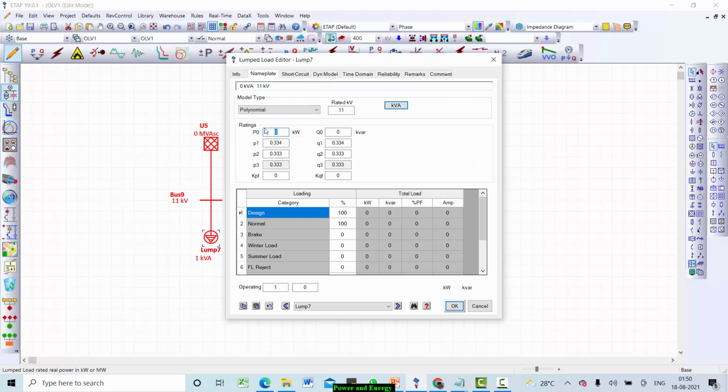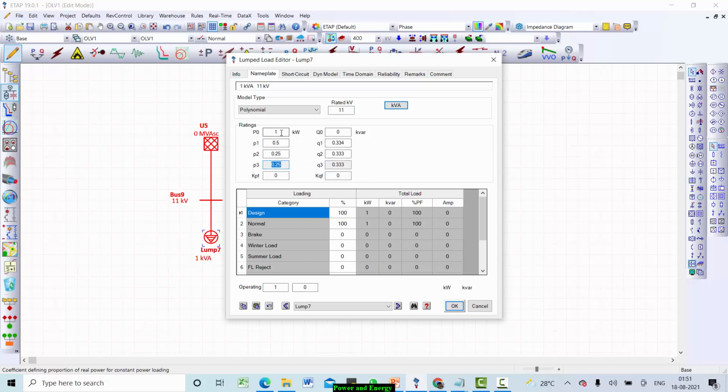We substitute here 1 kilowatt, that is the actual power. We see here this is constant impedance loading. Constant impedance loading is 0.5. Then the next one is constant current load, that is 0.25. And finally constant power load, which is automatically changed to 0.25. So 0.5 plus 0.25 plus 0.25 becomes 1.